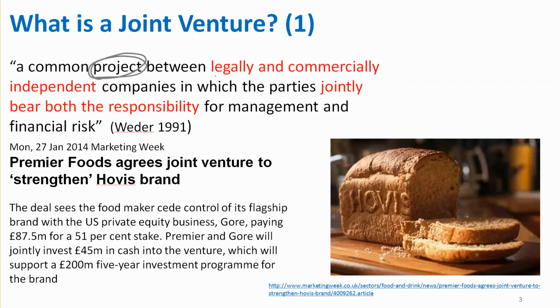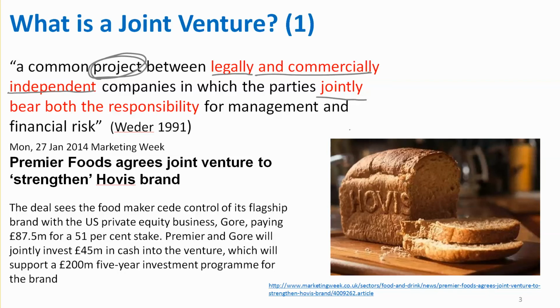Who are we? Well, we are legally and commercially independent. So we do things together, but when we do things jointly, then both of us have to bear the risk for, or the responsibility for, management and financial risk.